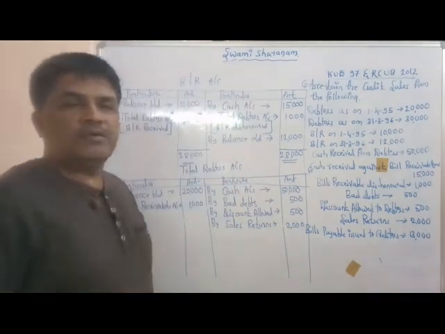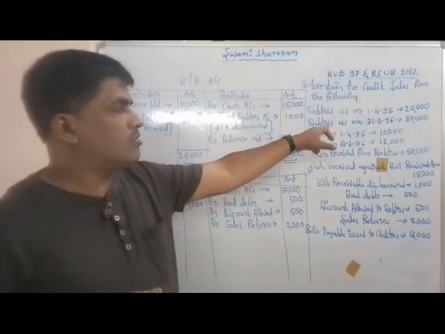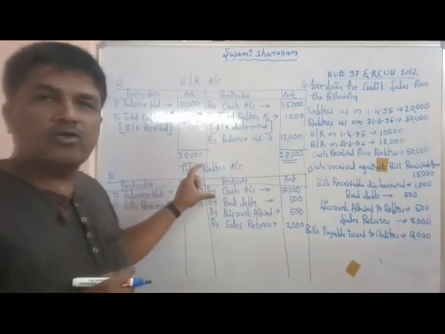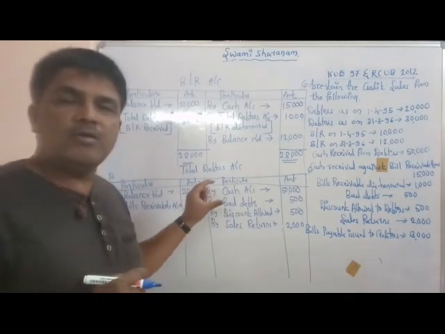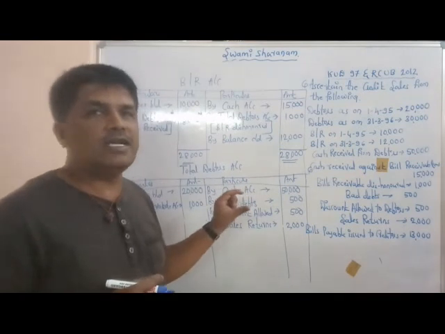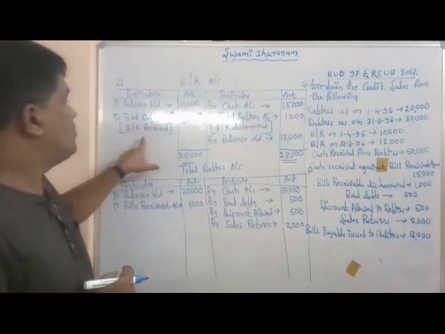As per the problem, another item given is the closing debtors, which is 30,000. Here we are preparing the total debtors account to find out the credit sales. Another very important point you must remember: the missing value that we ascertained by preparing the bills receivable account, that is BR received from debtors.